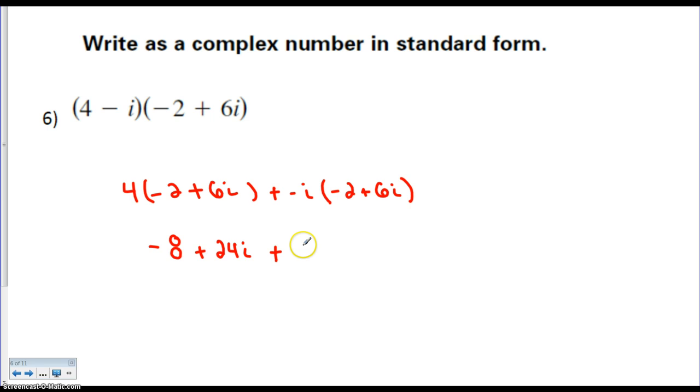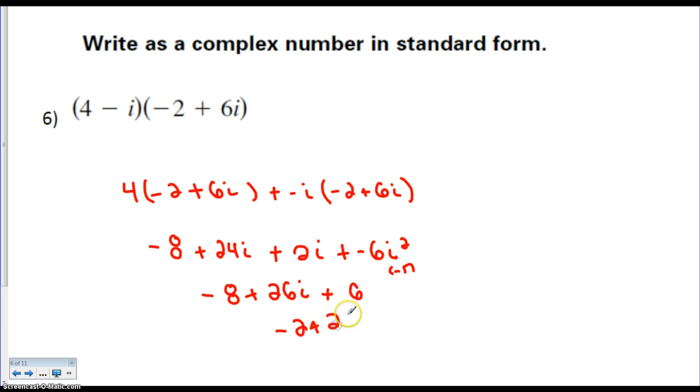I have negative i times negative 2, which is positive 2i, plus negative 6i squared. So right now, I have negative 8 plus 26i. i squared is negative 1, so negative 6 and negative 1 make positive 6. I can combine negative 8 and 6 to get negative 2 plus 26i.